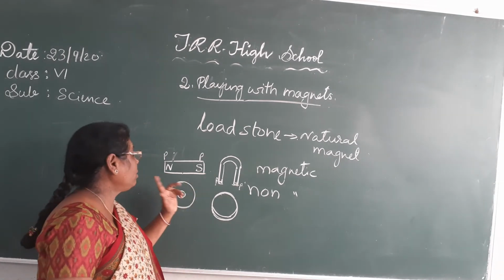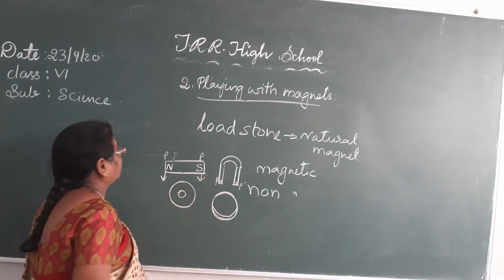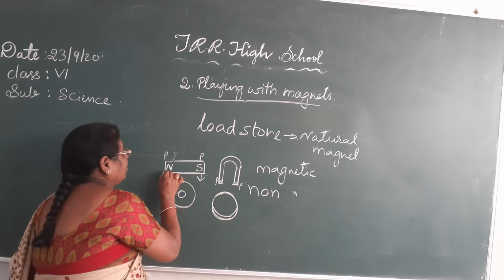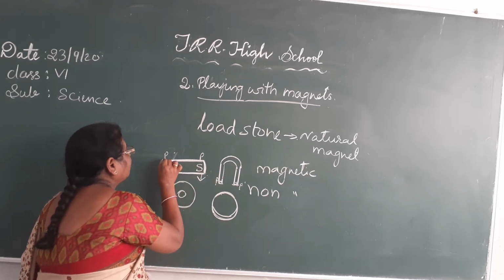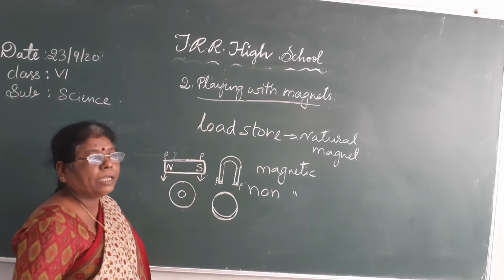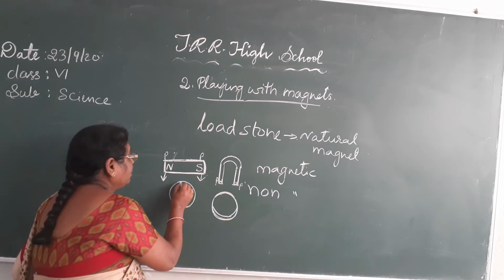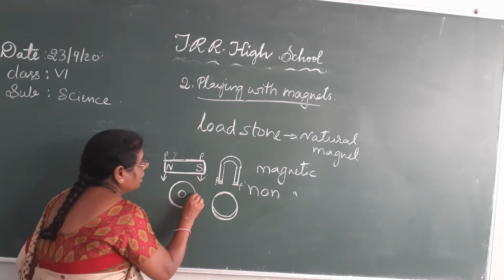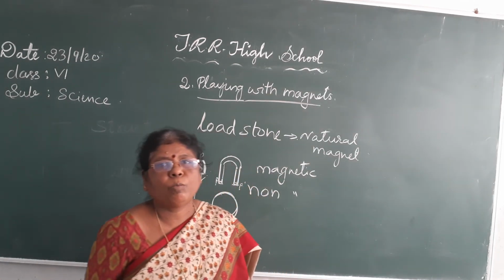Here you find more magnetic property. In the middle, there is very little magnetic property. I showed you how the iron filings are weak in the middle. In the ring magnet we find the poles on top and bottom.